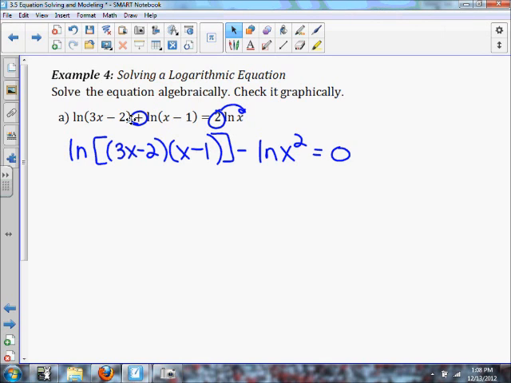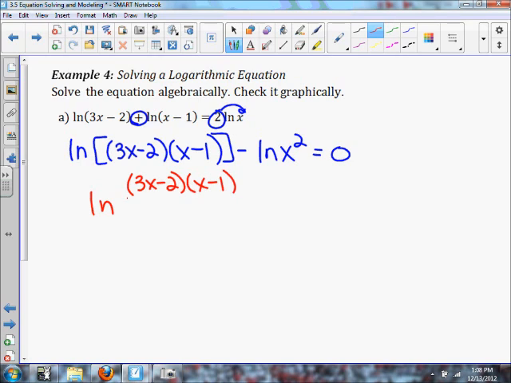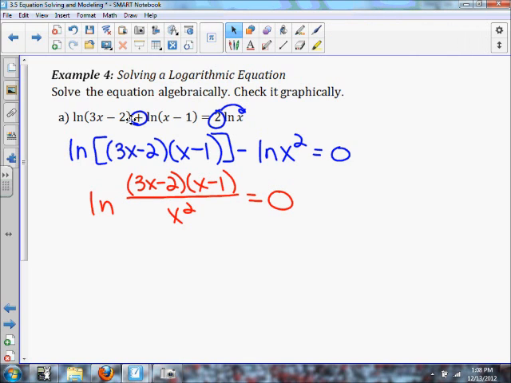Now, because I'm subtracting natural logs, I can simply combine them like so.